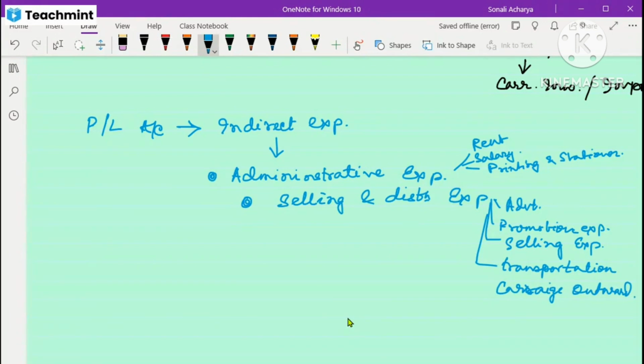So these type of expenses are shown in the profit and loss account.